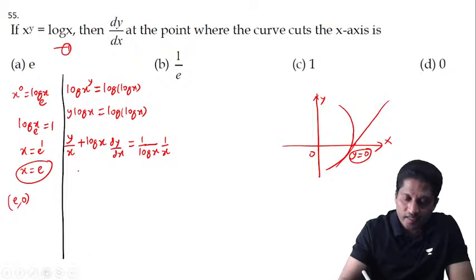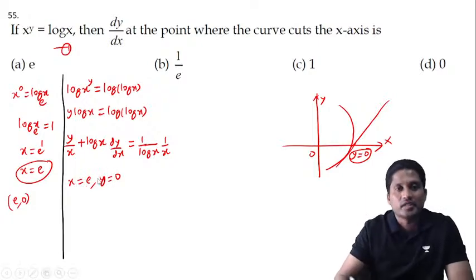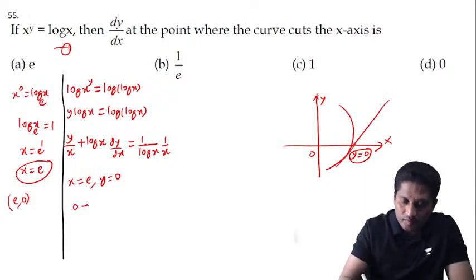Now directly if I put x is equal to e and y is equal to 0 at the point e comma 0, you will get 0 plus log e into dy by dx is equal to 1 by log e into 1 by e.